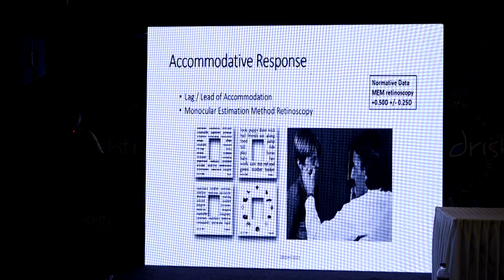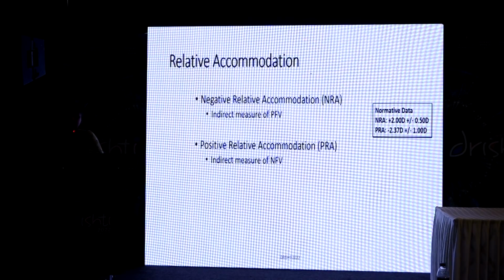Okay, so this is a monocular estimation method, so you don't even require cycloplegia to ensure whether your refraction is correct. By simply doing an MEM retinoscopy, you will know whether the prescription that you have given is right or not. And relative accommodation, the NRA and PRA.